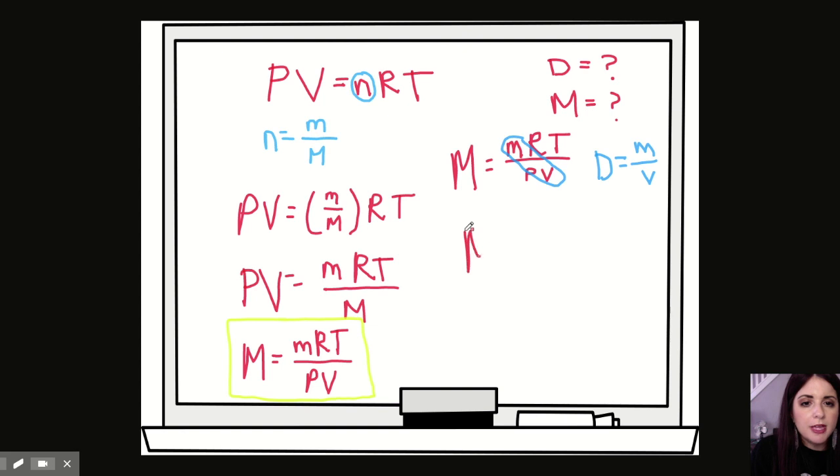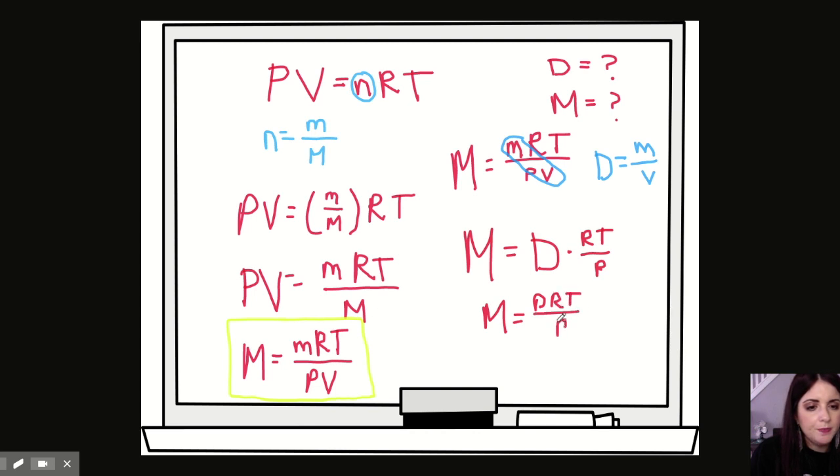So molar mass is equal to the density times RT over P. Okay, so I took out m over V and I plugged D in there. We're going to rearrange this again algebraically, so that we're solving for density. So M equals dRT over P. And eventually you would keep solving this.